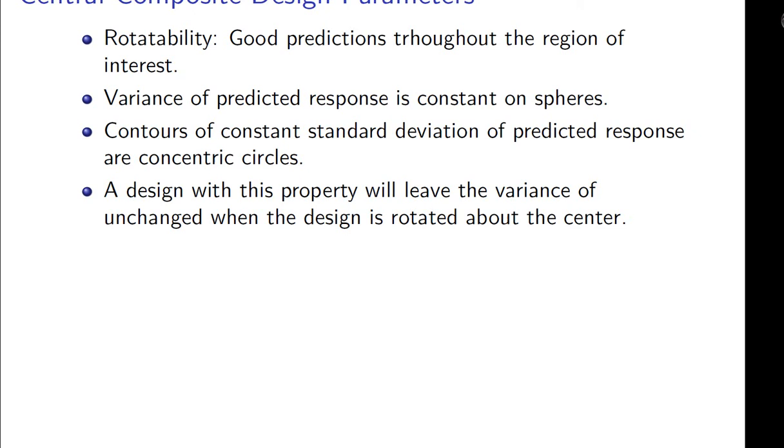So the rotatability of the set of experimental runs is intimately tied with the variation in the response variable. An experiment that's rotatable will give you good predictions of the response variable, and you can evaluate that by examining contours of constant variation.